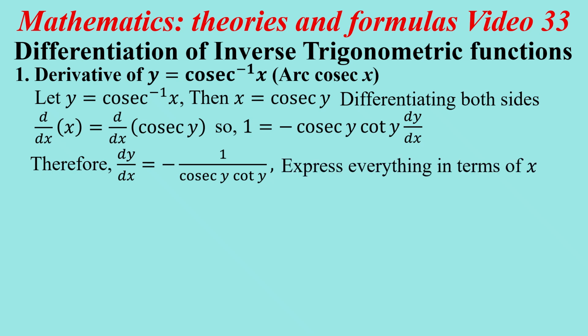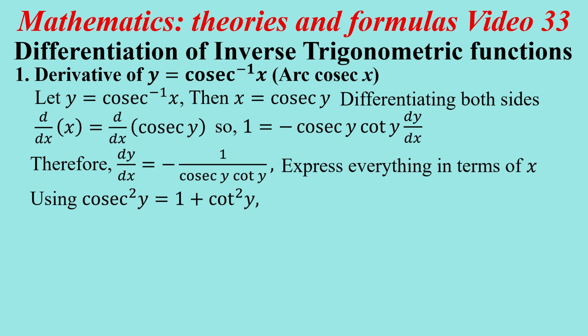So we will express everything in terms of x for cosec y and cot y. So using cosec square y equals 1 plus cot square y, we need to get the value of cot y in terms of x.